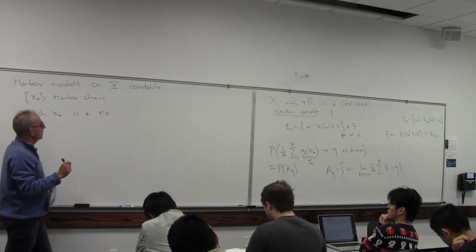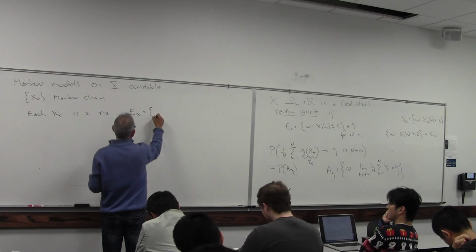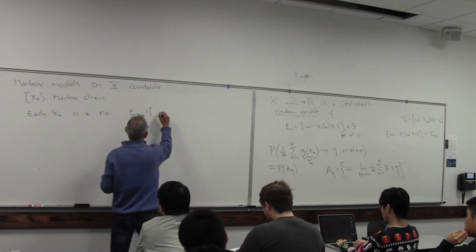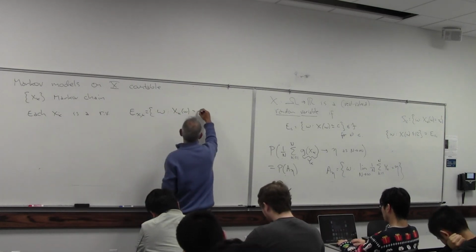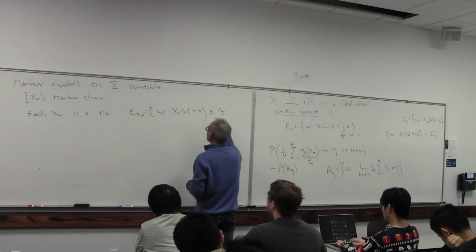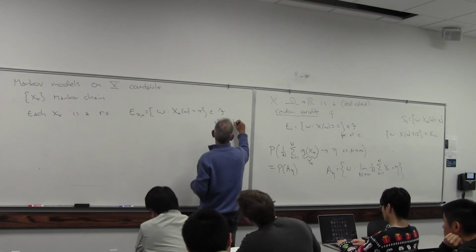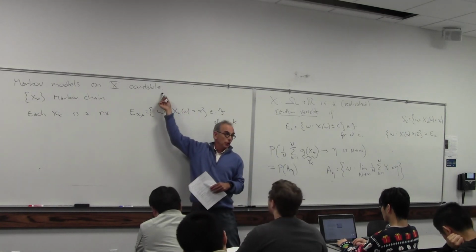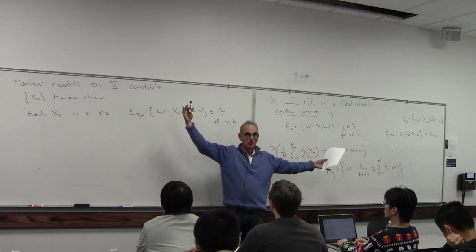It just means that I can make it easier. I can use E sub x comma k. When you have a countable state space, reals are harder because there are so many possibilities.